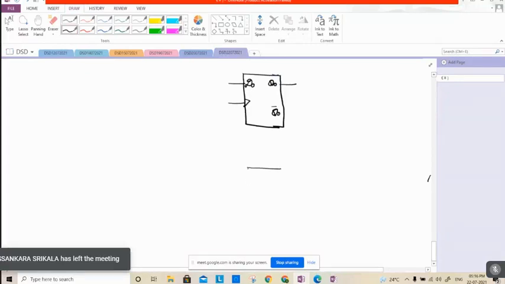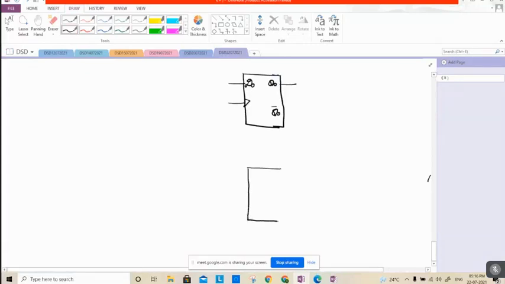And let this be another flip-flop, D1, Q1 and Q1 bar. So these are going to have the same clock signal.